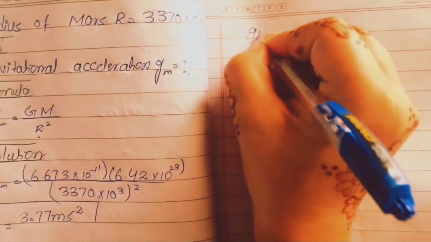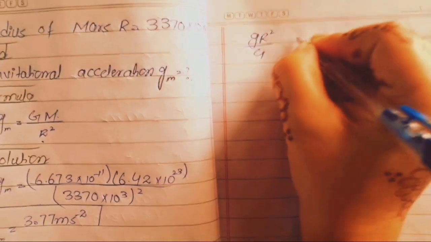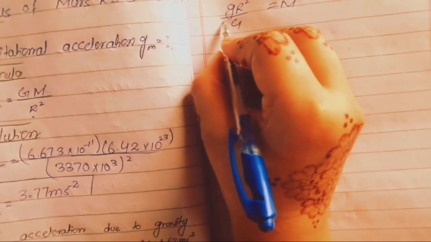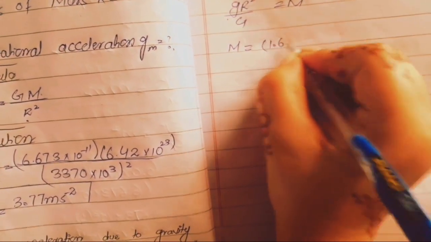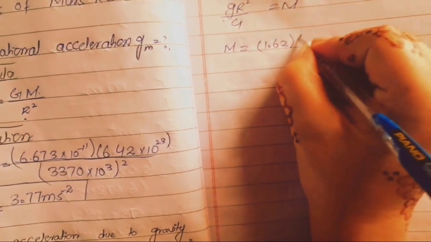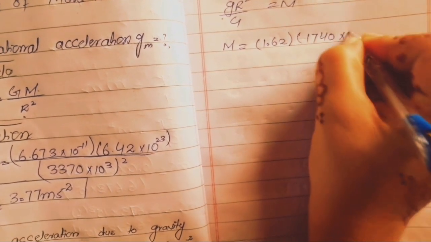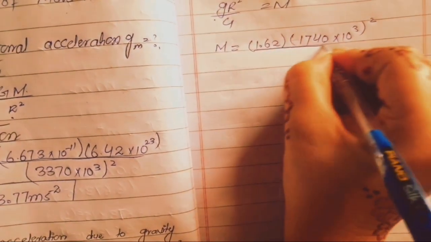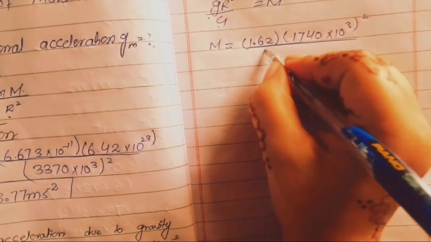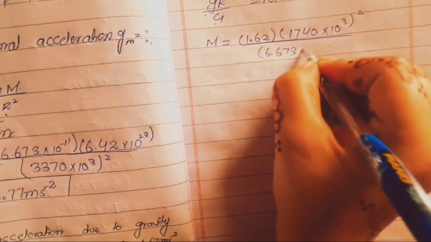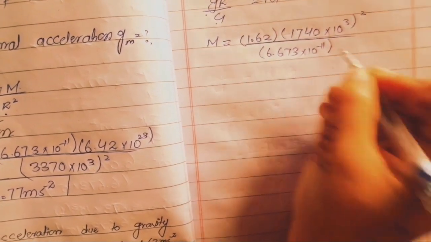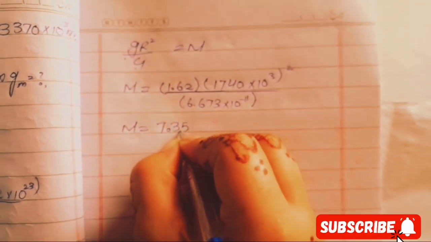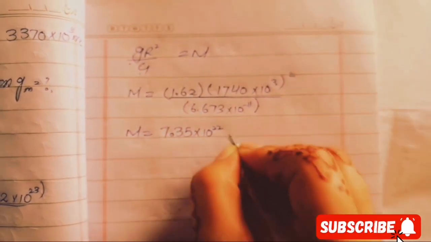So g r squared over capital G is equal to m. Now we will put the values inside the formula. The value of g is 1.62, the value of r is 1740 multiplied by 10 raised to power 3, squared, and the value of G is 6.673 multiplied by 10 raised to power minus 11. The answer is 7.35 multiplied by 10 raised to power 22 kg.